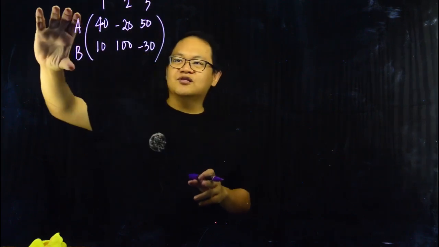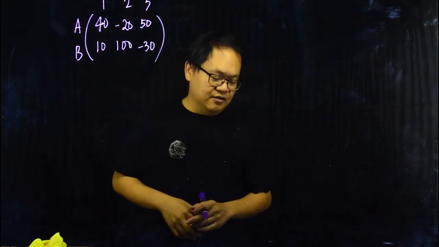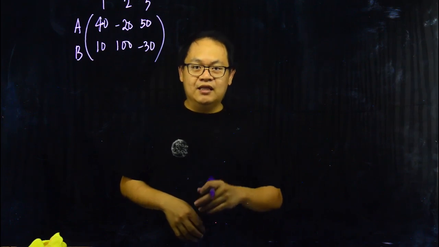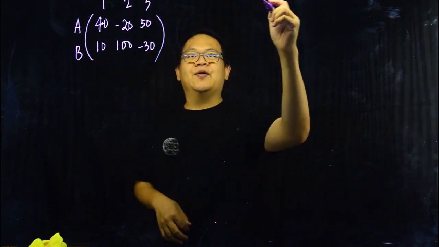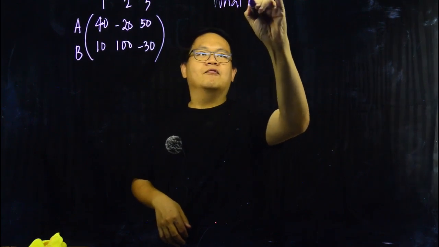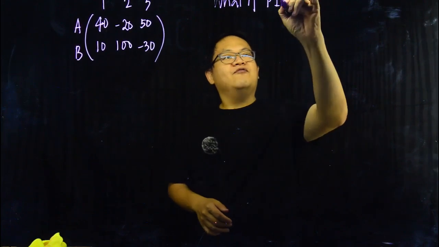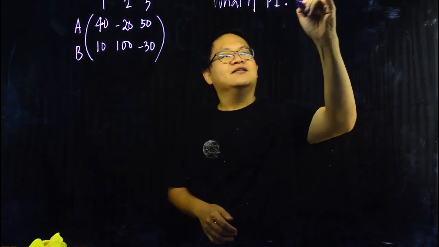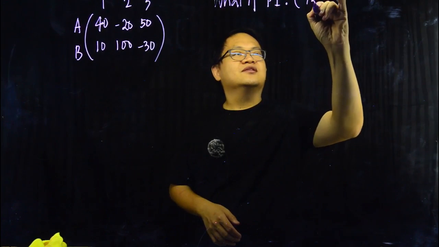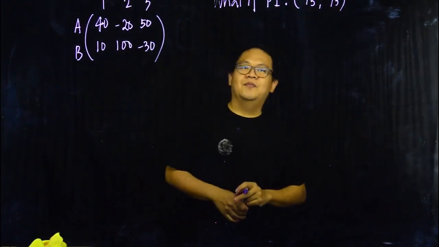So let's focus first on player 1. To understand how to get the optimal solution for player 1, let us do it this way. What if for player 1 he decides to use this strategy, 1/3 and 2/3, okay?